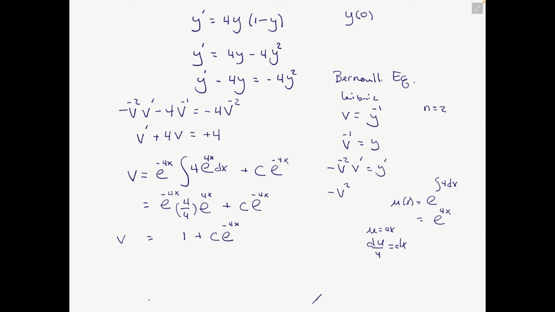But then this is only for v of x. Remember, y of x was 1 over v of x, so we say y of x is equal to 1 plus c e to the minus 4x, to the negative 1. And that's our solution.